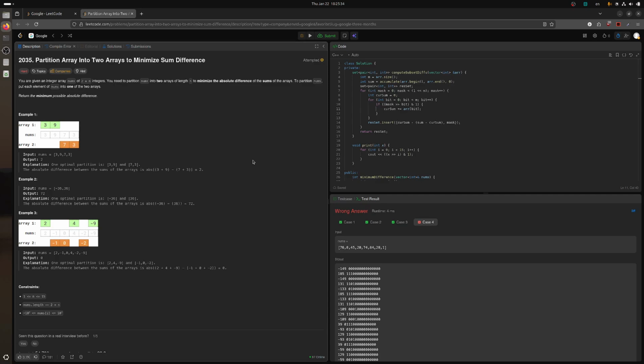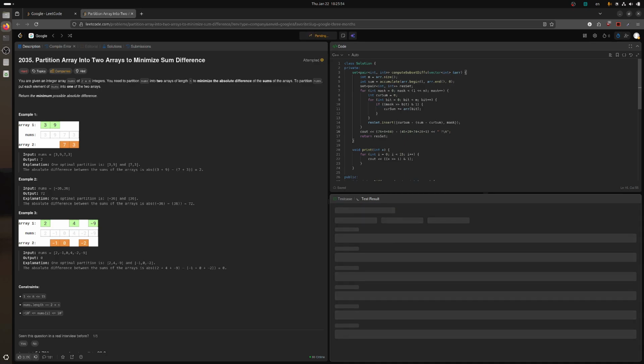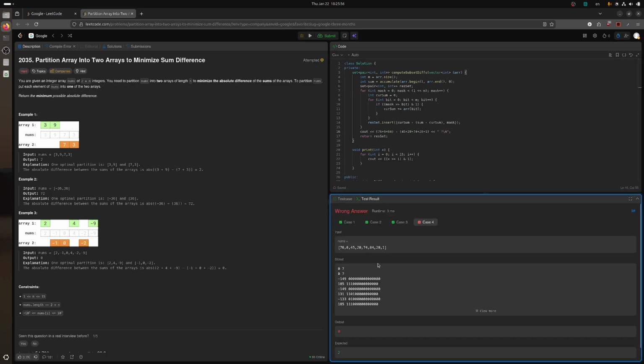Like, you have 76. I can literally just 76 plus 8 plus 84, right? And then we do minus 45 plus 20 plus 74 plus 28 plus 1. Let's see. 0. I just partitioned them with difference 0.